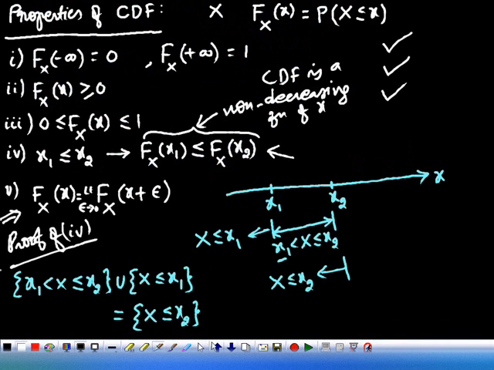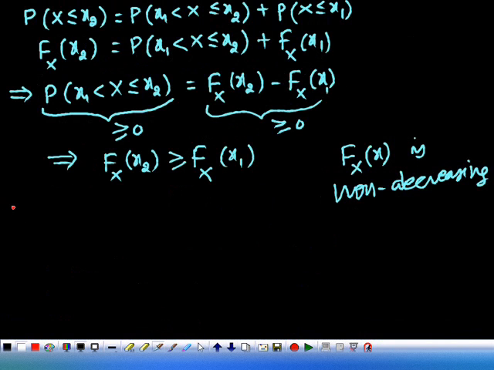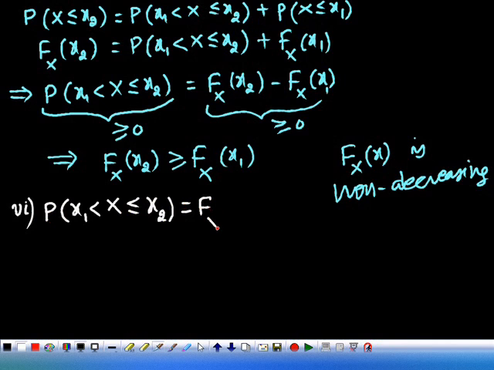So we have written 5 properties. Can you expect what is the 6th property that I am going to write? The 6th property of the CDF is that the probability of the random variable x lying in between x1 and x2 can be calculated from the CDF. This is from this equation.